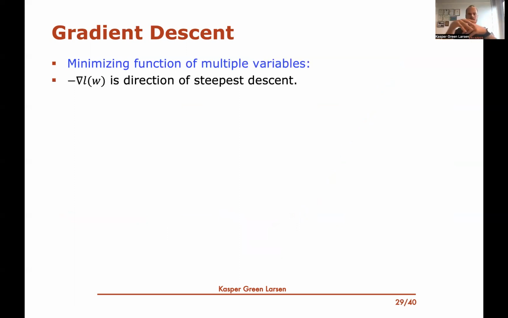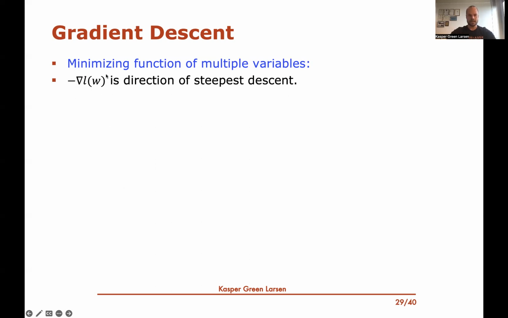For multiple variables, there's an analogy to the single variable case where, in the single variable case, the value of the gradient is just the slope of this tangent. Now, if you go to multiple variables, then the gradient is not just a number, but a vector.